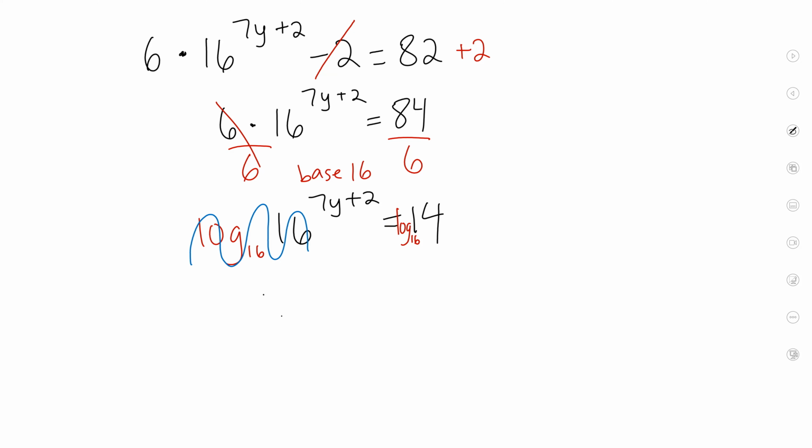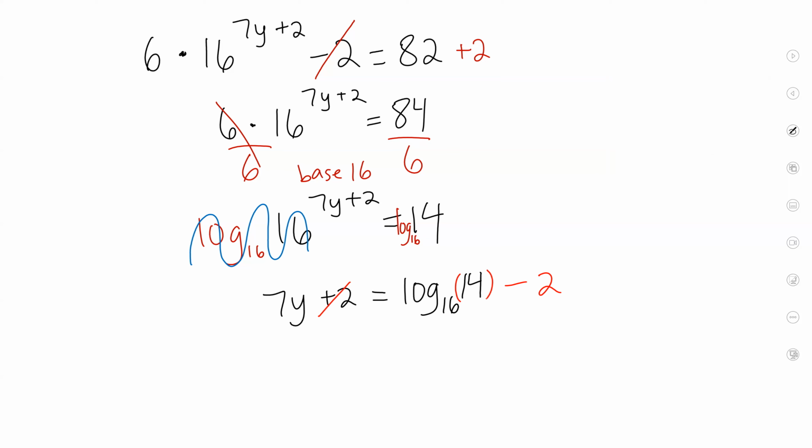Now we have 7y plus 2 is log base 16 of 14. Okay, now we need to solve for y. What should I do? Yes, we're going to subtract 2. This does not become 12. This stays separate. This is log 16 of 14 minus 2.